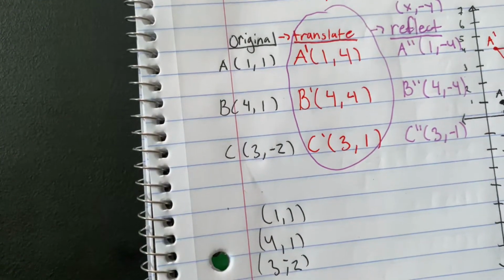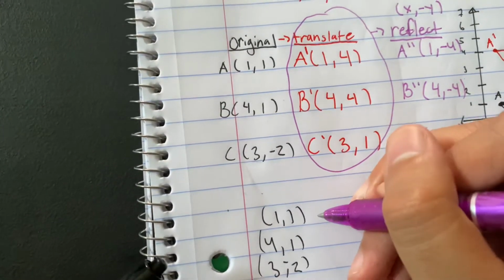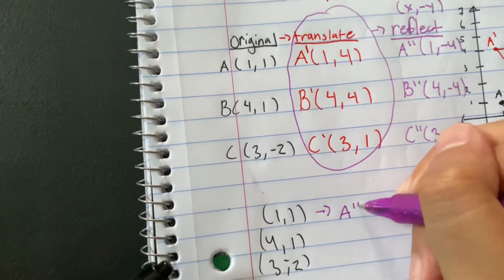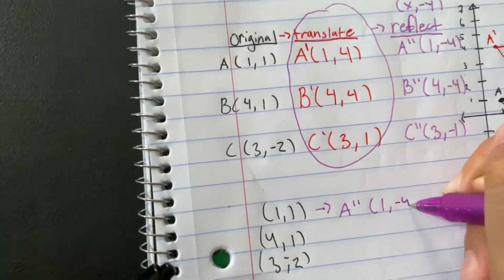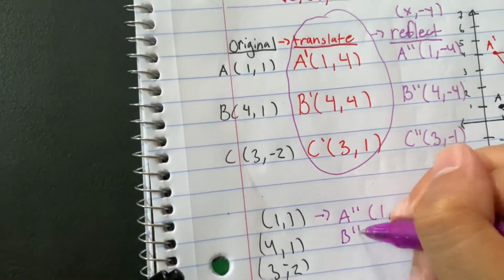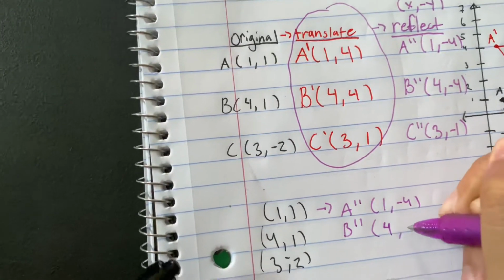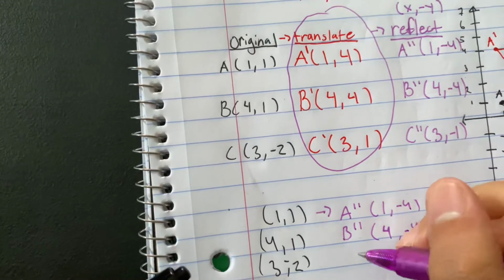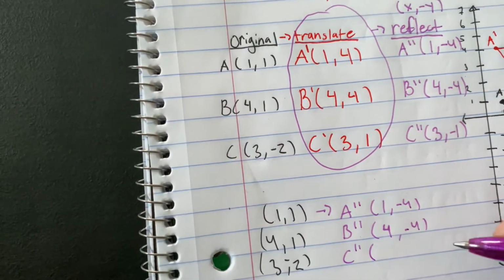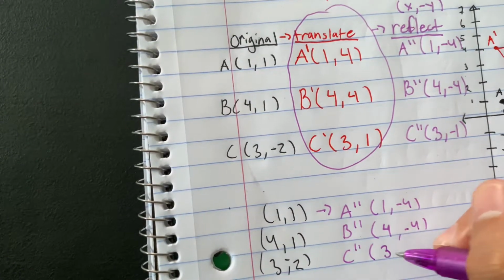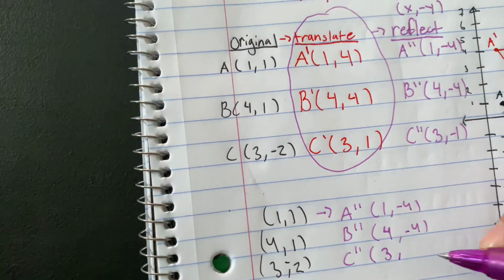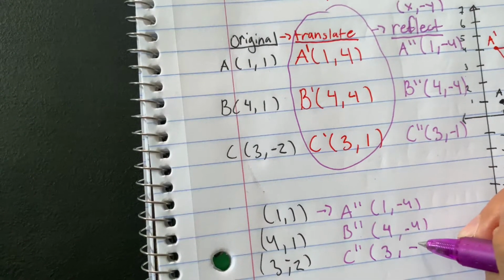And then once we get that to double prime, that'll be 1, -4. B double prime is 4 and -4. And then C double prime is 3 and -1.